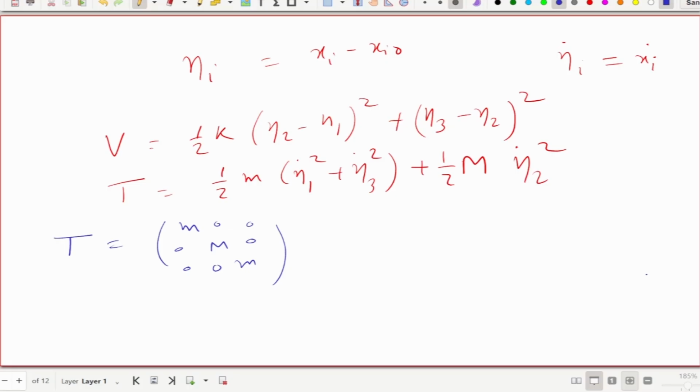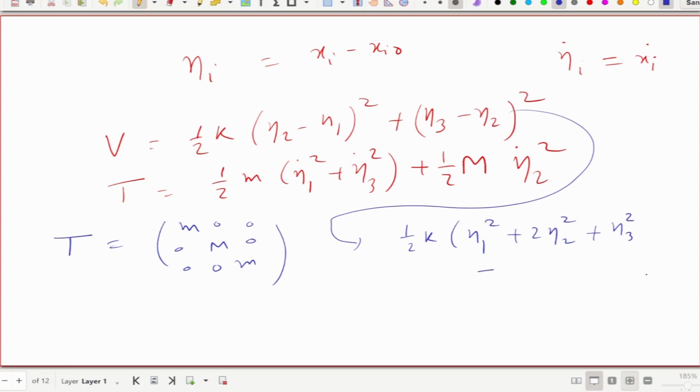If we expand this, V will be half k times eta 1 square plus 2 eta 2 square plus eta 3 square, and then minus 2 eta 2 eta 1 minus 2 eta 3 eta 2.